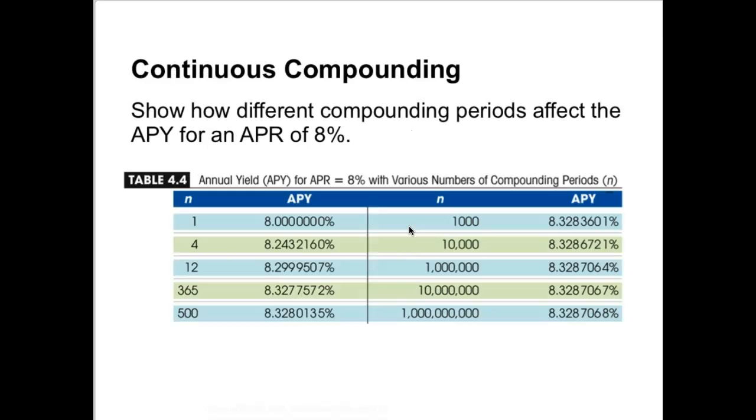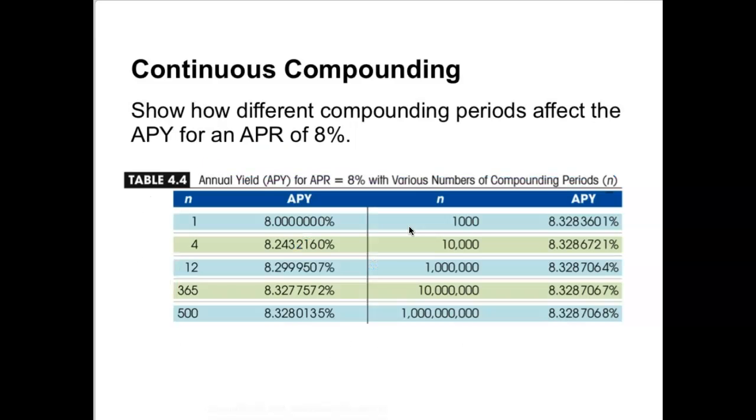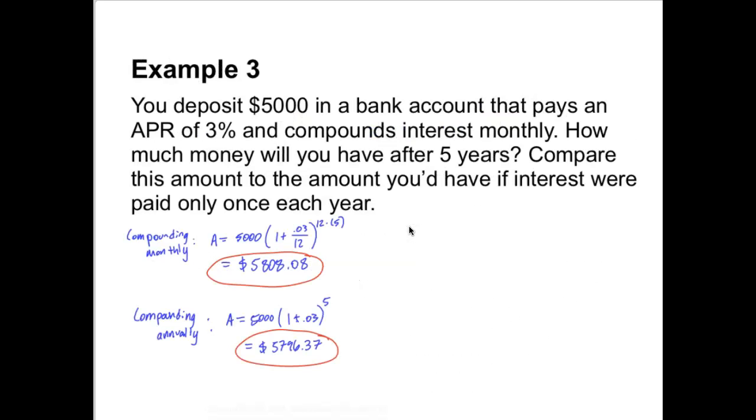All right, so let's see. So I'm going to go actually back to our example here, and let's talk about our, oh no, I don't want to do this one because we did it over a 5-year period.